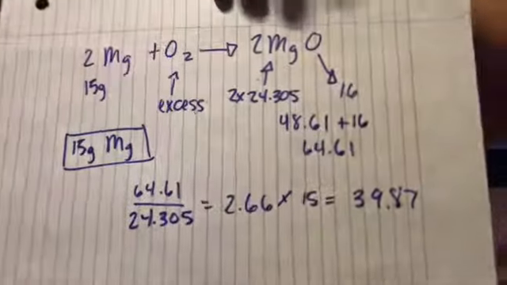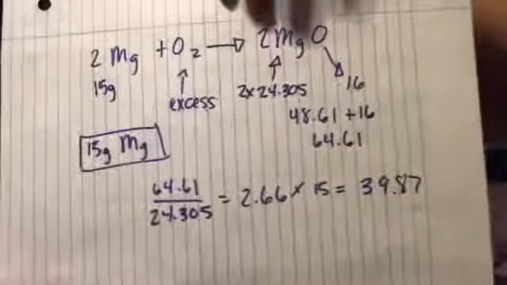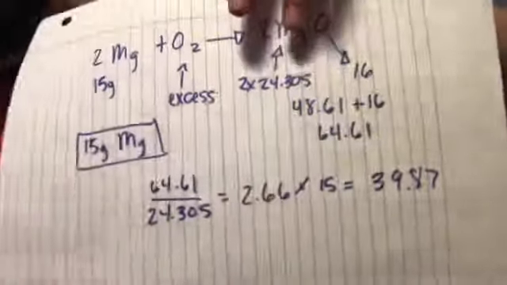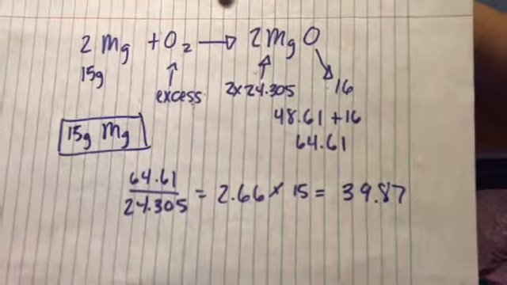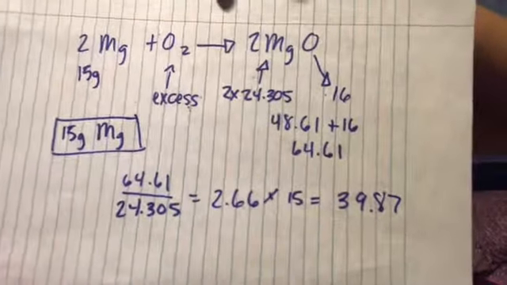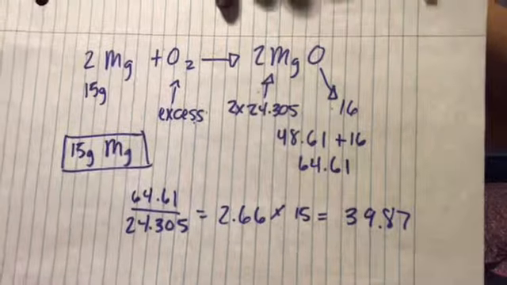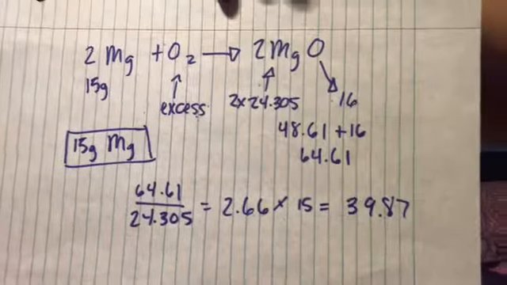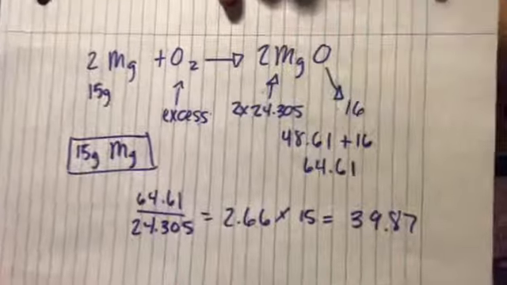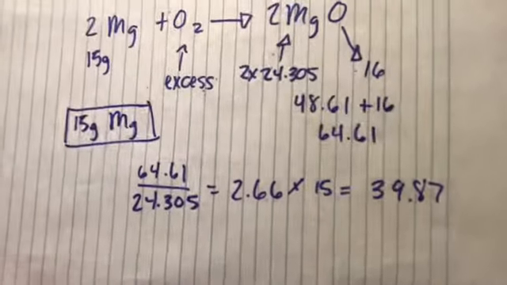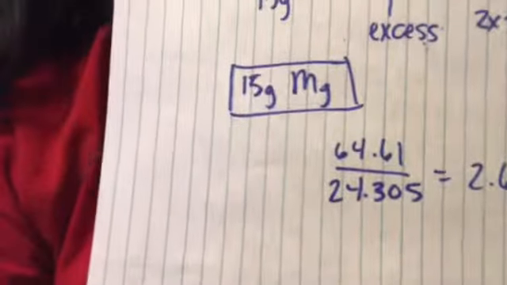And then in the reactant side, I put 2 times 24.302, which is the molar mass of magnesium. And you got that to be 48.61. Then O, since it only has 1 O, the molar mass for O is 16. So I put 48.61 plus 16, which is 64.61. So I would put the 64.61 right there.